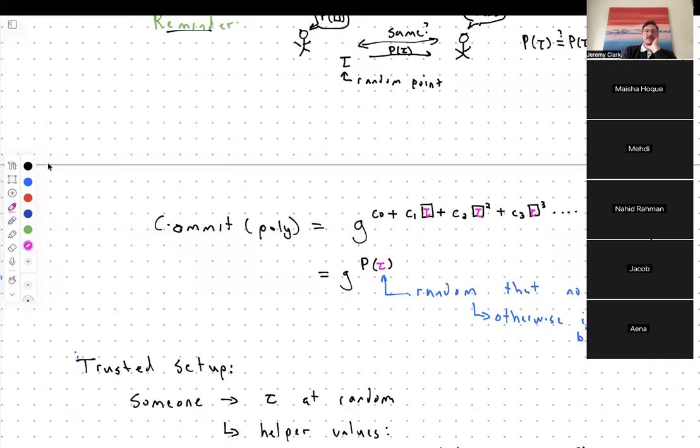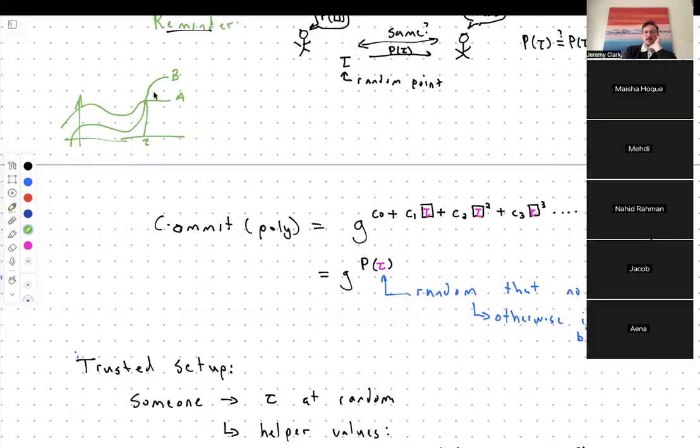So in other words, I have a polynomial that I actually committed to, and I have some other polynomial, and after I committed to A, I want to lie and say that actually what I committed to was B. I can do that, and get away with it, if and only if the values at tau are the same.